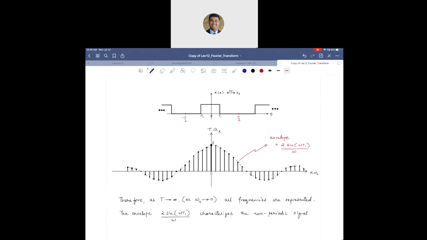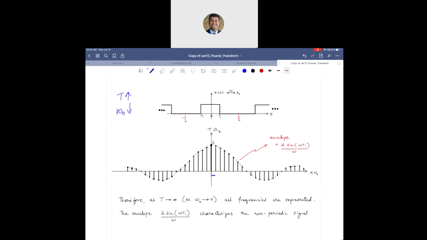Let's take a look at this. So over here we have spread out that T. We have increased T. When we increased T, the envelope remained the same: 2 sin(omega t1) divided by omega. However, because T increased, as T went up, omega naught went down. So the interval over here went down.